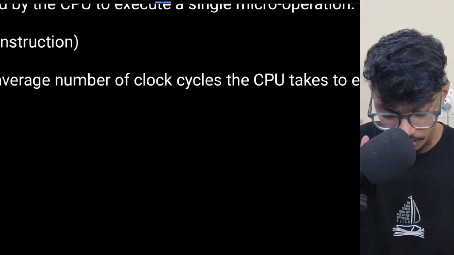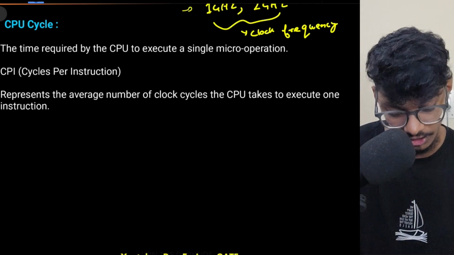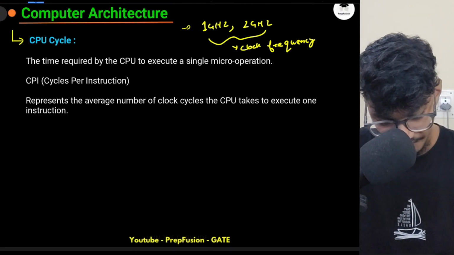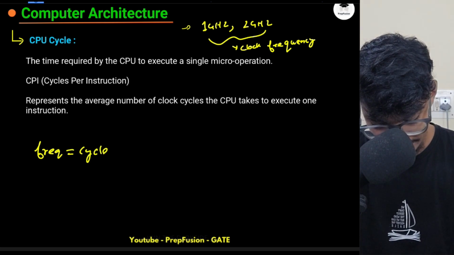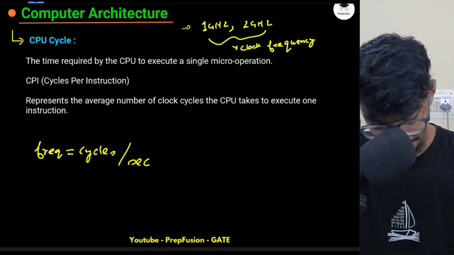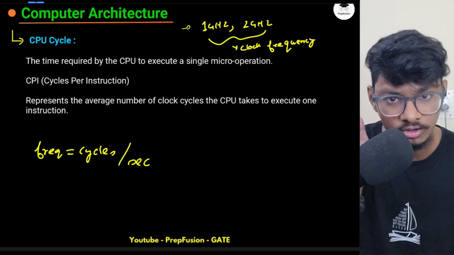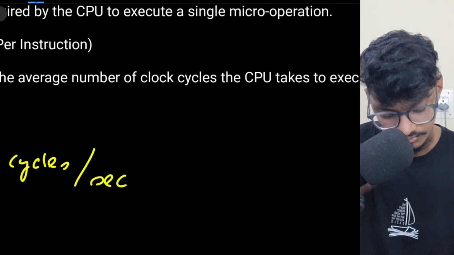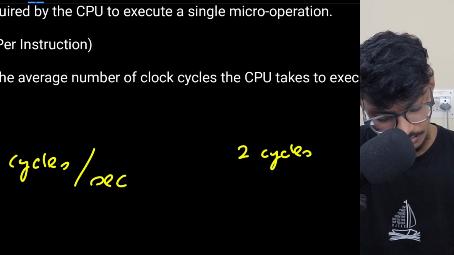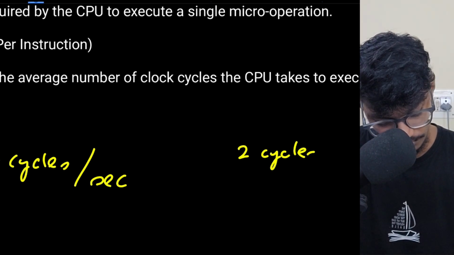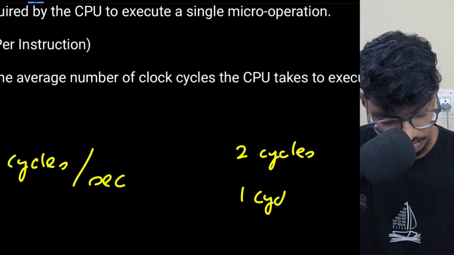Frequency is defined as cycles per second, and to perform each micro operation I may have to take 2 cycles of a clock, or 1 cycle of a clock.